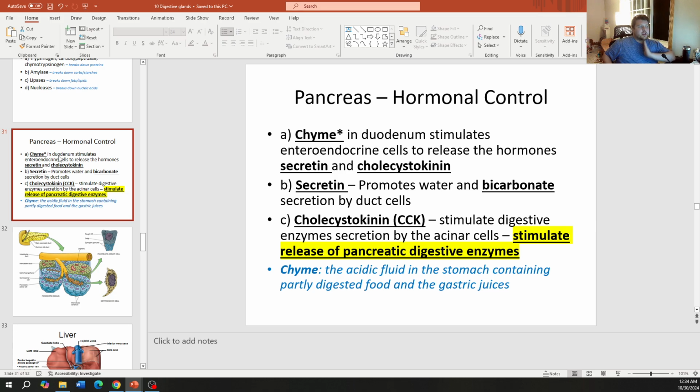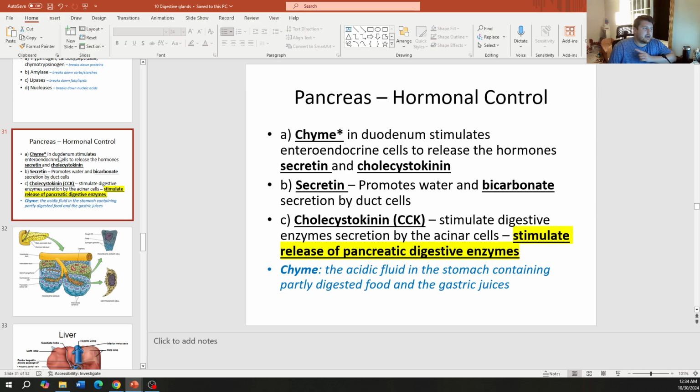Here's that word we're going to talk about, chyme. So chyme that leaves the stomach and goes into the small intestine, into the duodenum, stimulates these cells known as enteroendocrine cells to release two hormones, secretin and cholecystokinin, which we mentioned before.